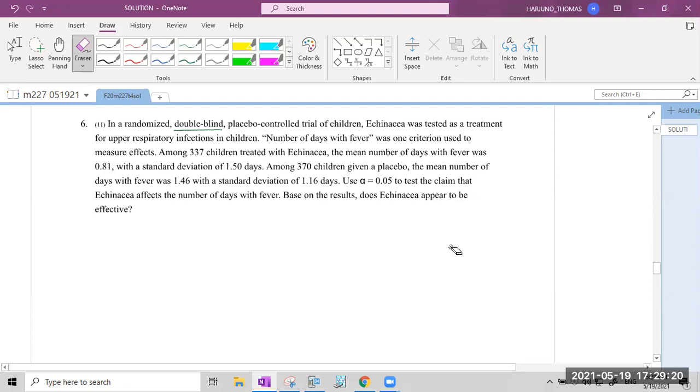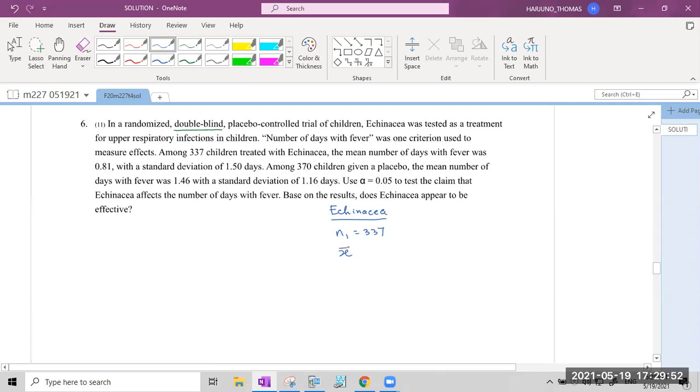Now echinacea was tested as a treatment for upper respiratory infection in children. The number of days with fever was one criterion used to measure effects. So we have two groups here, the one with echinacea. Sorry if I don't read it right. The N is 337.